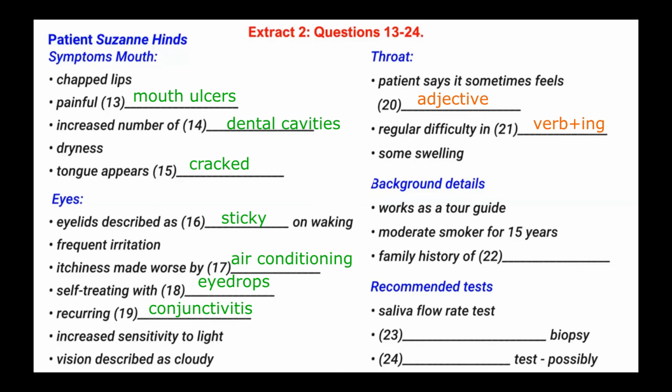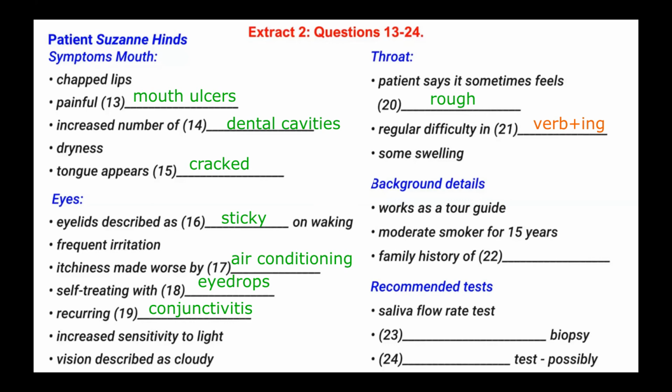Okay, so the answers to question 20 and 21 have been given. The answer to question number 20 is when the patient says that from time to time, it feels rough. From time to time is another way of saying sometimes. So the answer to number 20 is rough.